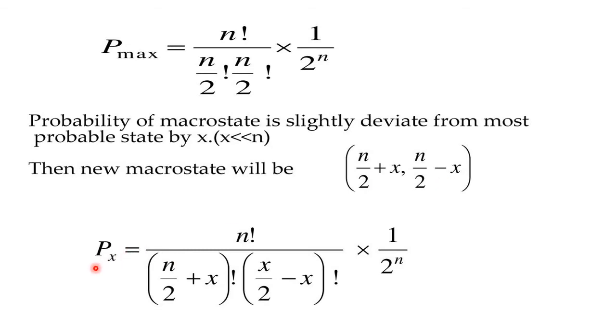The new probability becomes n factorial divided by (n/2 plus x) factorial multiplied by (n/2 minus x) factorial, multiplied by 1 upon 2 raised to the power n. This is the probability of the deviated state.